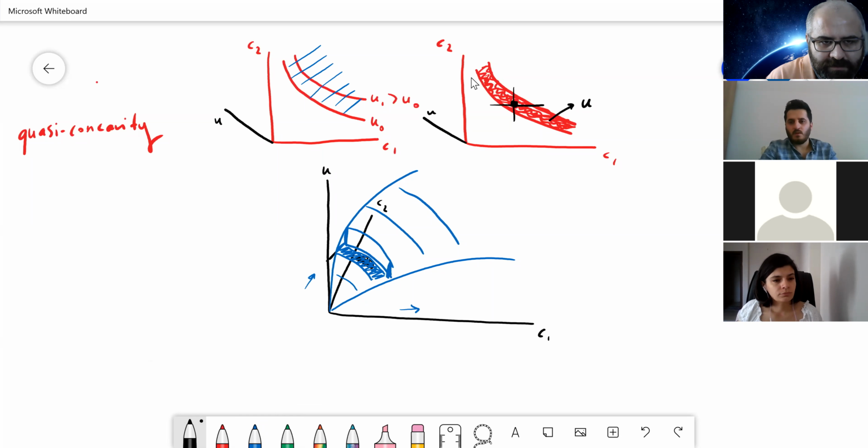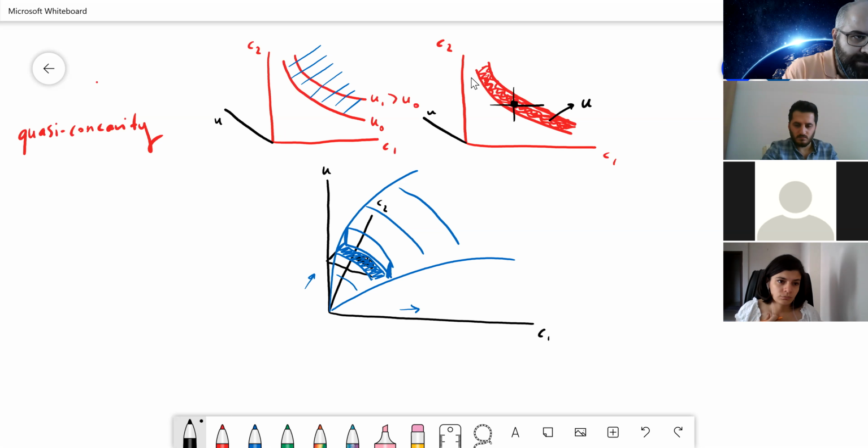That's the same utility corresponding to that level. So this is basically the logic of quasi-concavity, all right? So there are flat regions, okay?